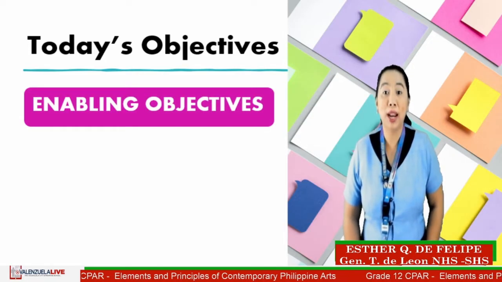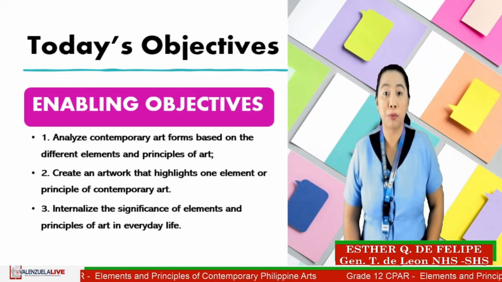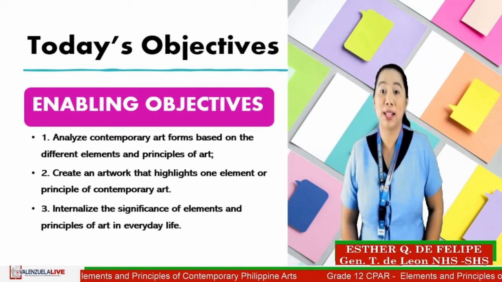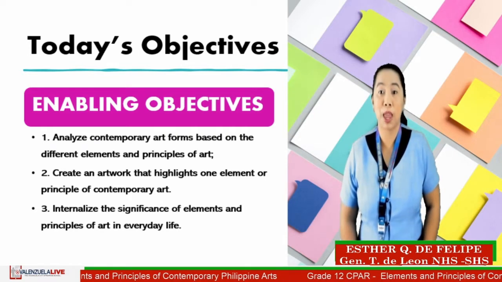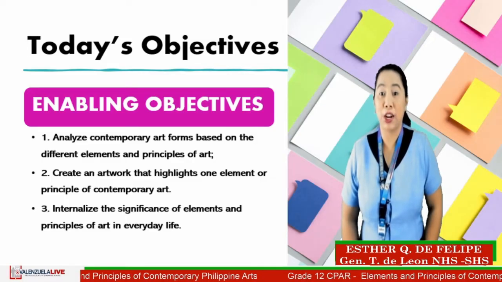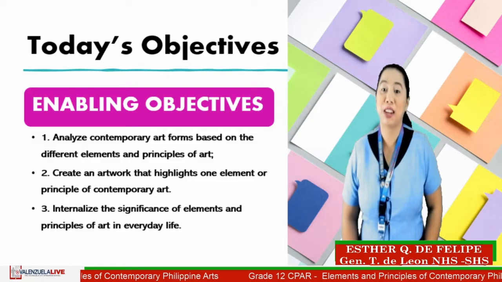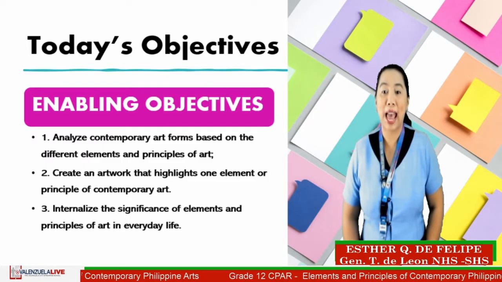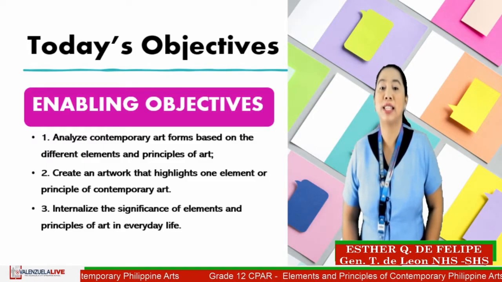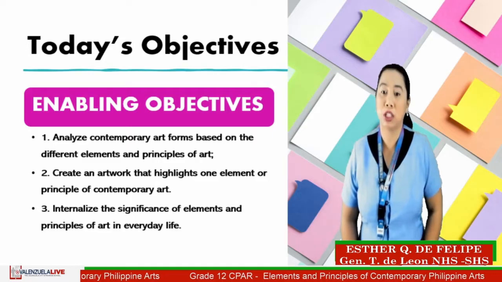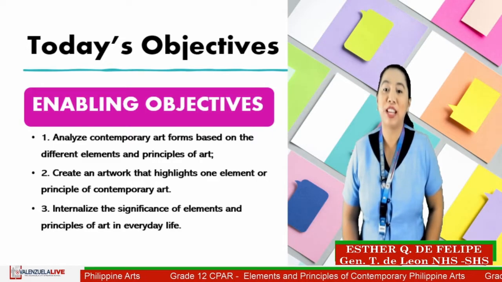First is to analyze contemporary art forms based on the different elements and principles of art. Second, create an artwork that highlights one element or principle of contemporary art. And lastly, is to internalize the significance of elements and principles of art in everyday life.